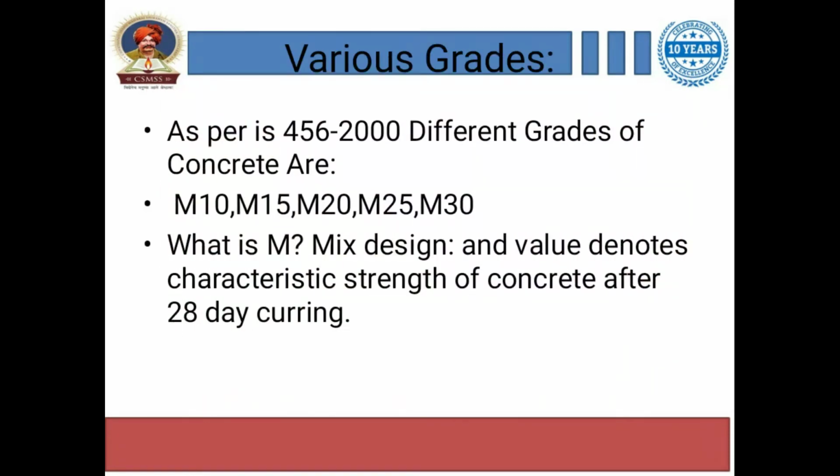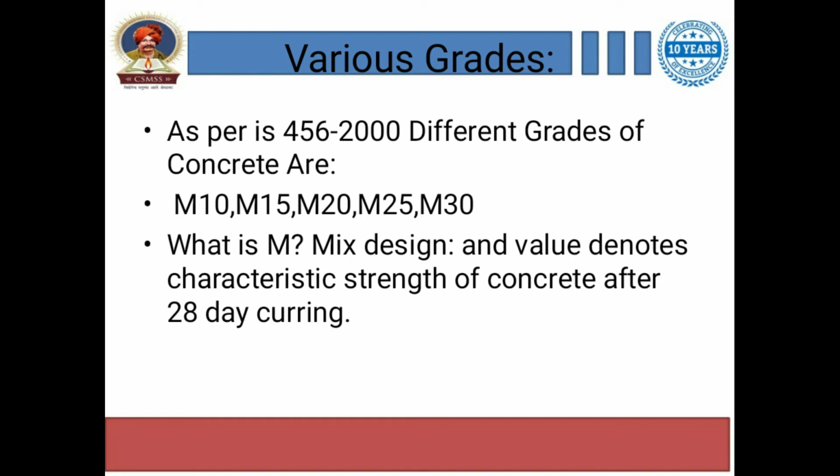Then as per IS 4000, there are different grades of concrete, which are M10, M15, M20, M25 and M30, right? Then what is M? Yes, M is nothing but the mix proportion, right?